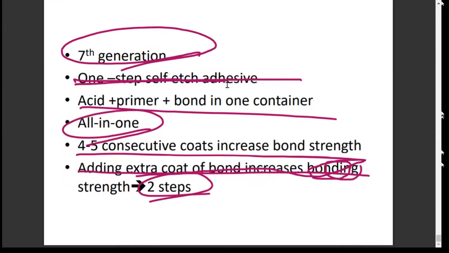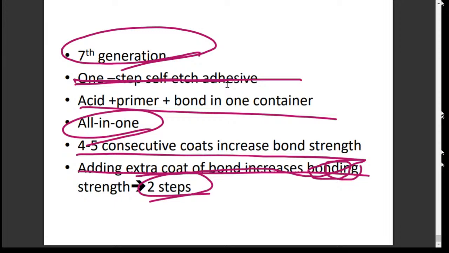And the last generation is the 7th generation. This generation has a 1-step self-etching adhesive, only 1 step in the procedure. Why is it 1 step? Because acid, primer, and bonding are all in the same container, all in one.